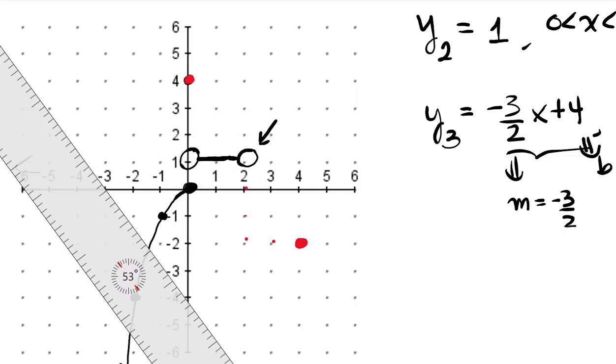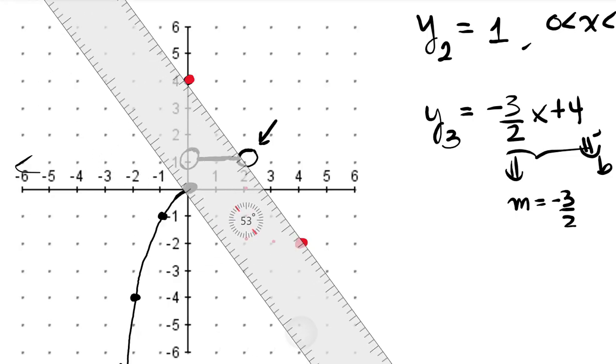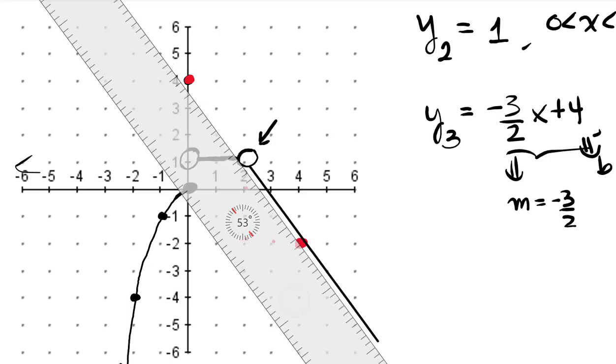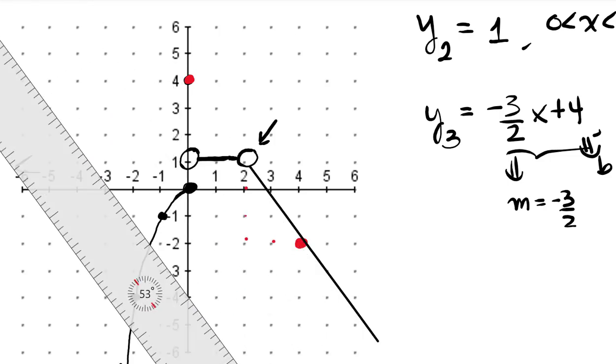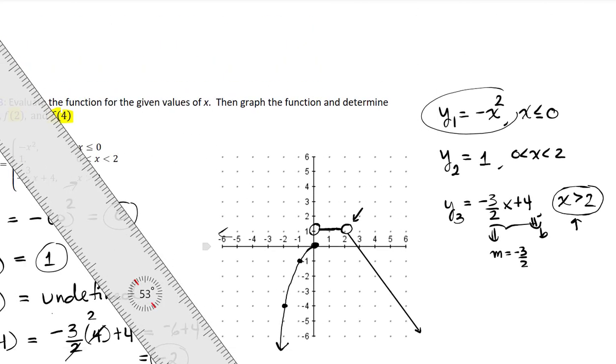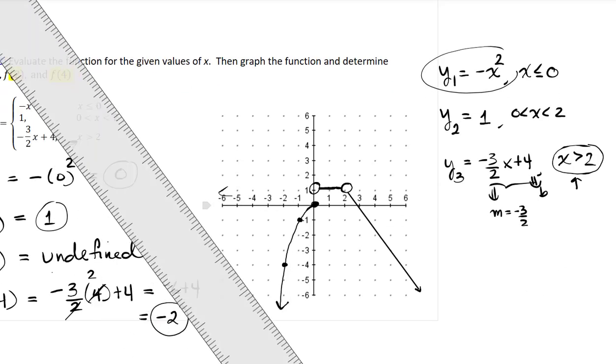And then we want all the values from there to infinity. So I'll connect that open circle to the next red dot. This one I can remove now that I have the line. And there it is. So together, these 3 pieces form the graph of the function f.